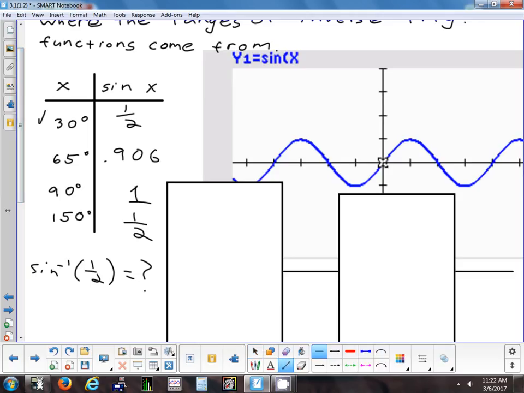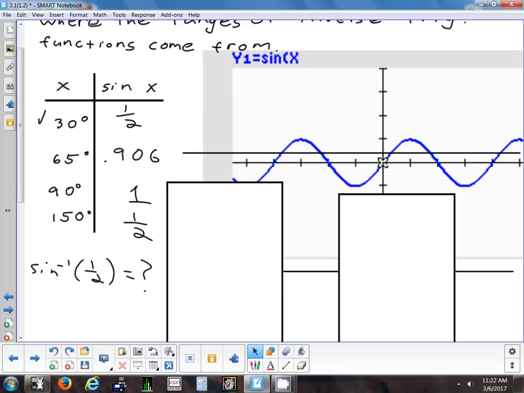In order for sine to have an inverse, okay, in order for inverse sine to exist, it has to pass what's called the horizontal line test. What the horizontal line test means is if you put a horizontal line in that picture, it can only hit it one time. Now, where I've put the horizontal line, does it only hit my blue wave one time?